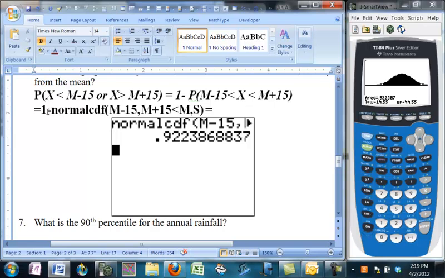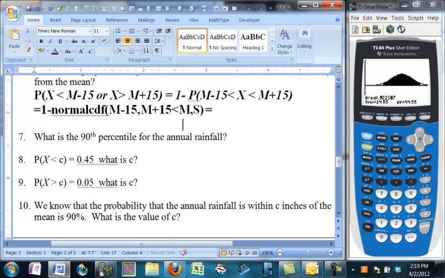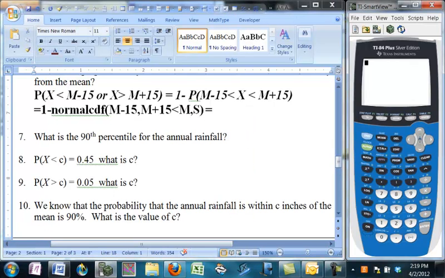Should have done that on the same line, but I can still do it from here a couple of different ways. I'll just go back and do it from the home screen. I can either do 1 minus the answer I had up above, or I'll just do it again. Let's save a little typing here.